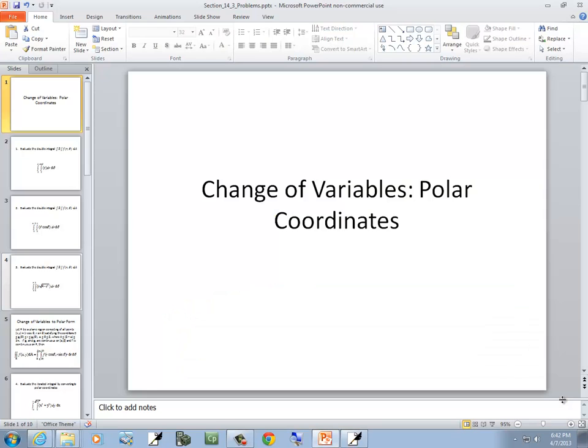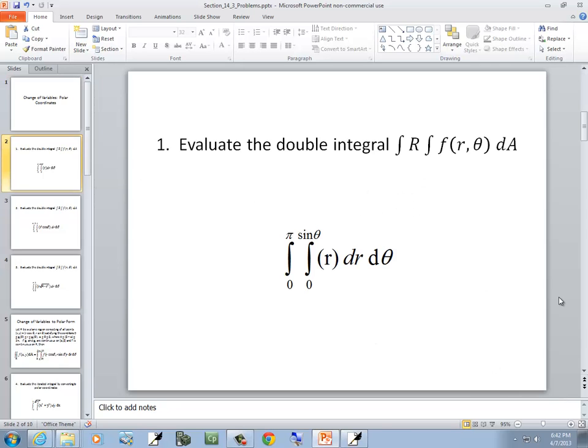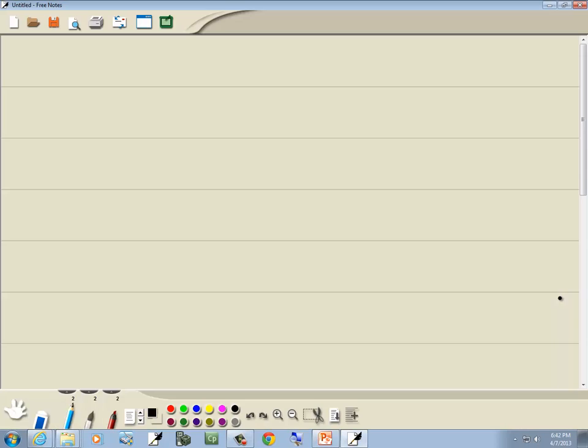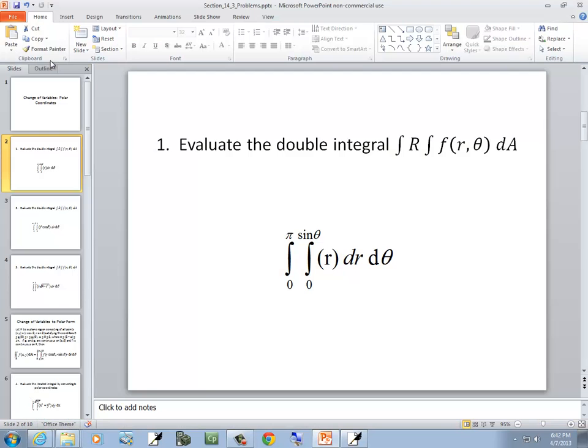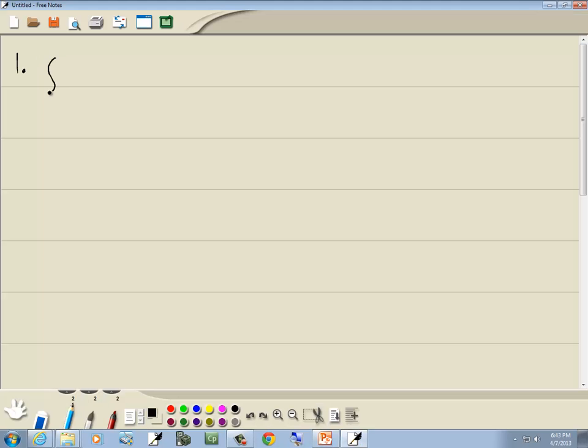Let's take a look at change of variables, polar coordinates. And let's take a look at our first problem here. So this goes from 0 to pi, and that's theta.